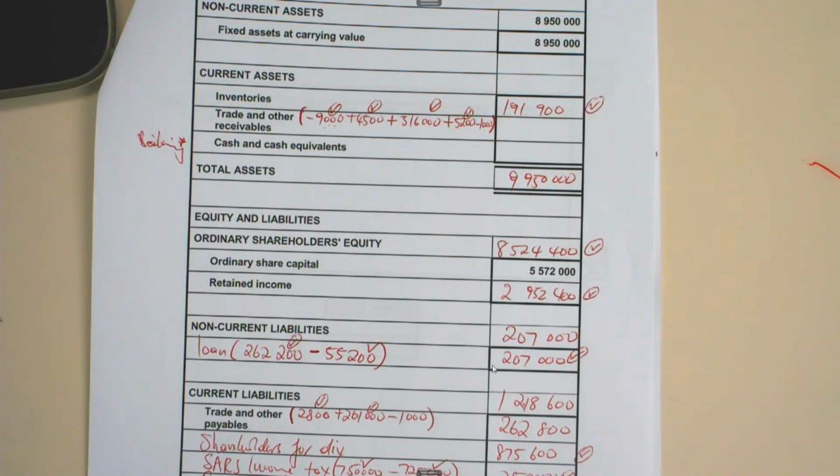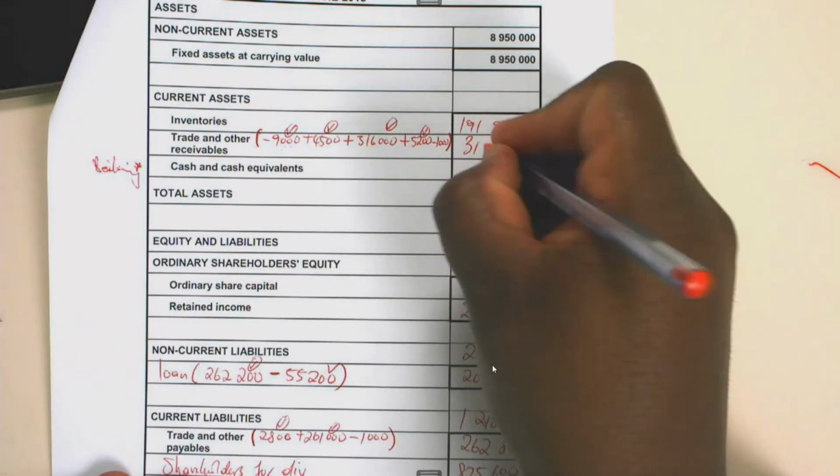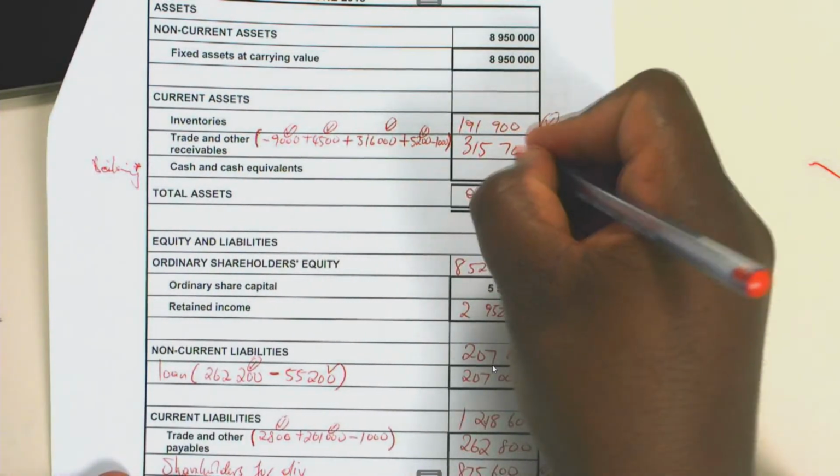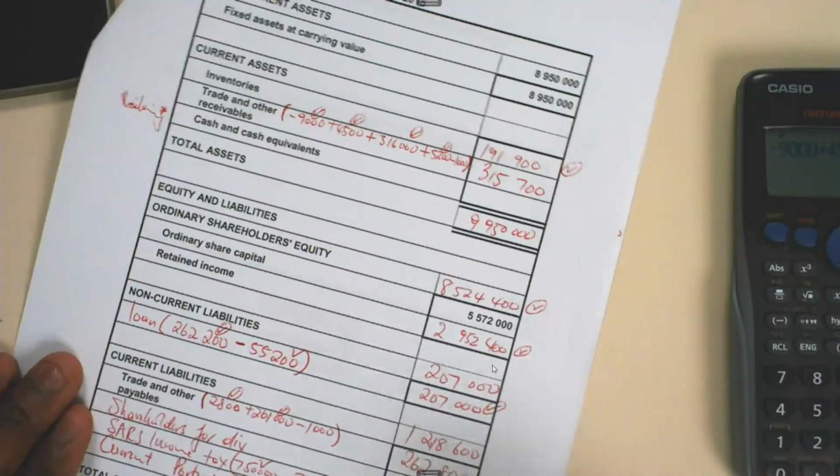Negative 9,000 plus 4,500 plus 316,000 plus 5,200 minus 1,000. You're supposed to get 315,700. Right, case closed.